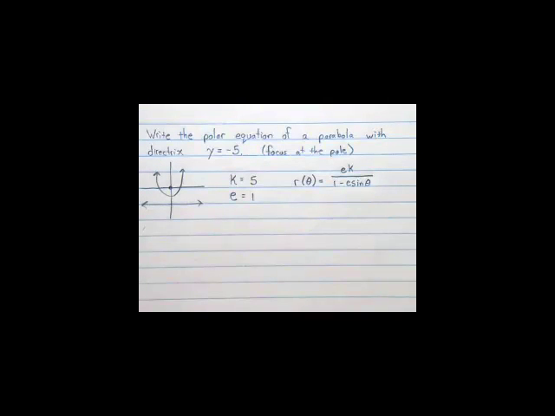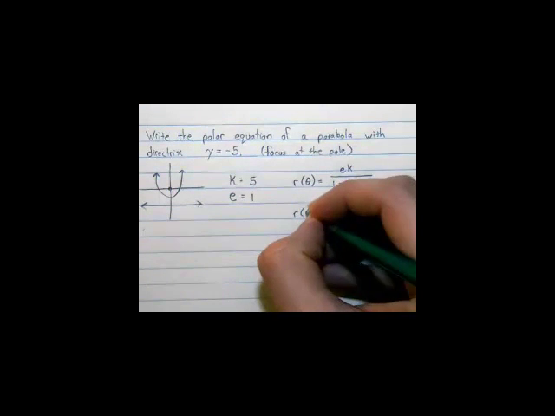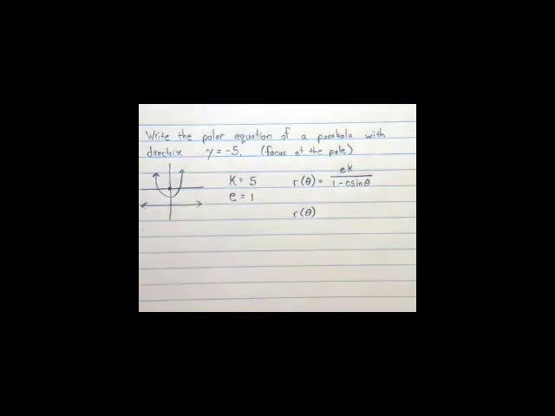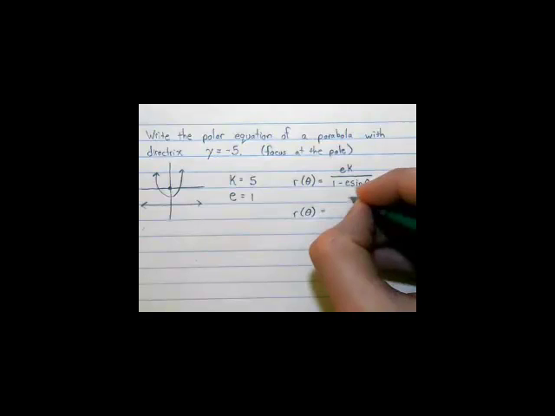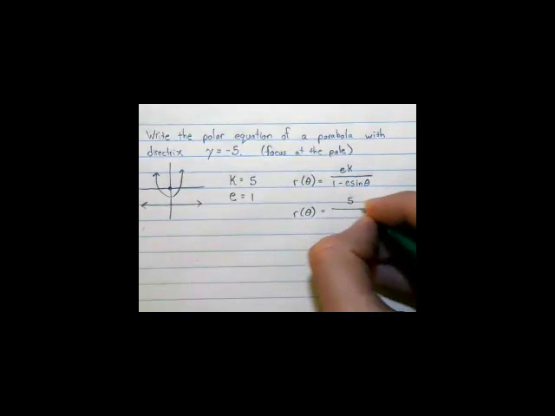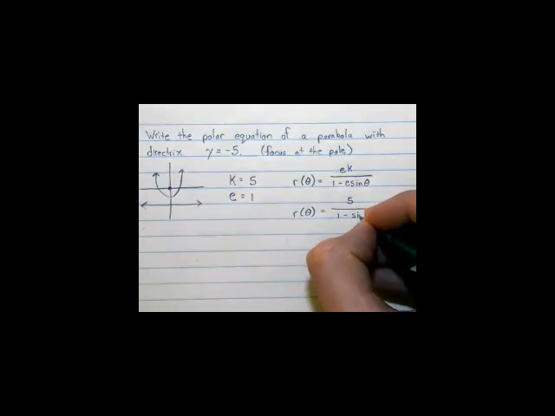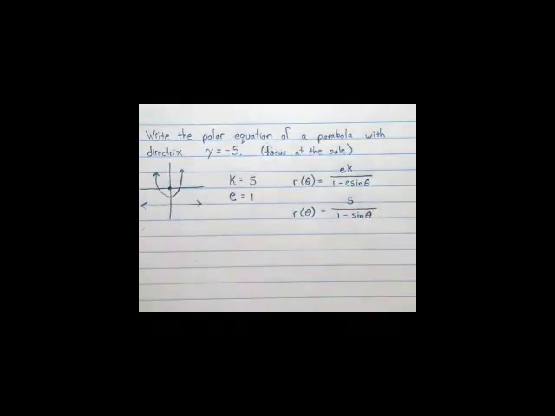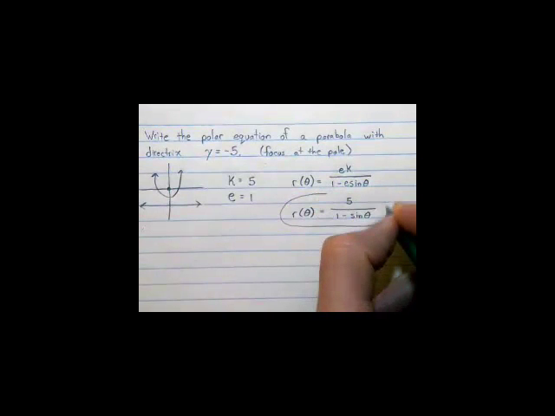Okay, so then let's take our k and our e, put them in, we'll be done. Where did we get the e? It's a parabola. Parabolas are always 1. So I was a little sneaky there. So r of theta, e times k, so that's 5 on top, and then 1 minus sine theta.